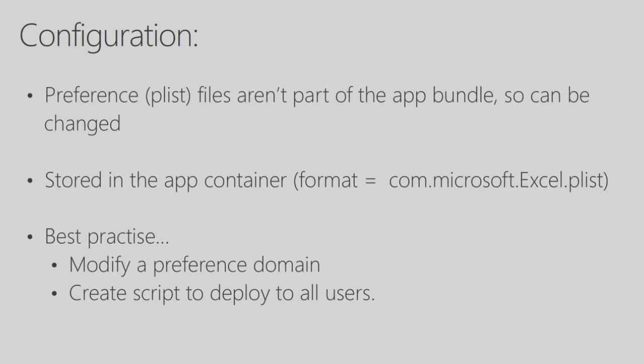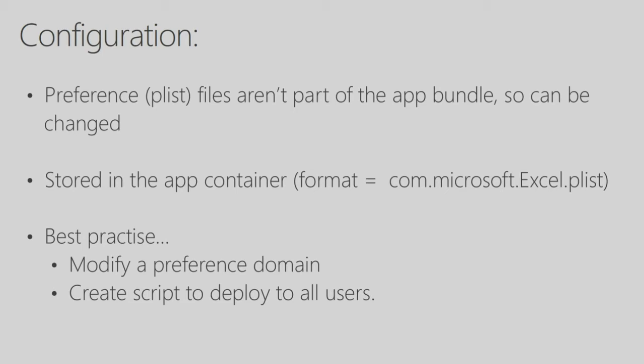So once you've downloaded, or are thinking about downloading and deploying, the actual app packages, we then have the configuration. The main way of configuring the Mac experience for Office is through these plist files that we mentioned earlier. As we saw earlier on, they are readily accessible by a user if they have the correct rights to go to the libraries and find and modify these files.